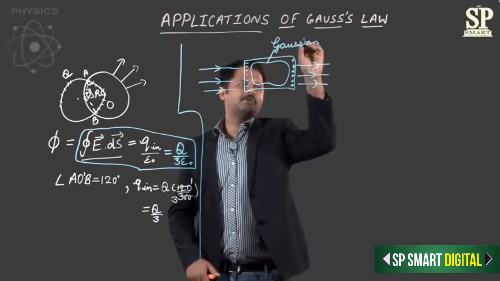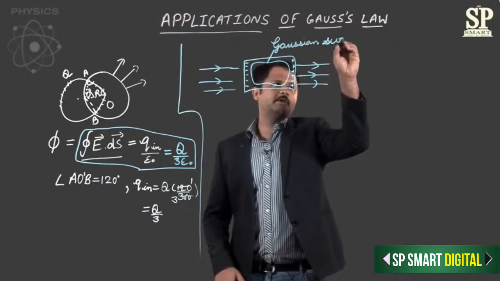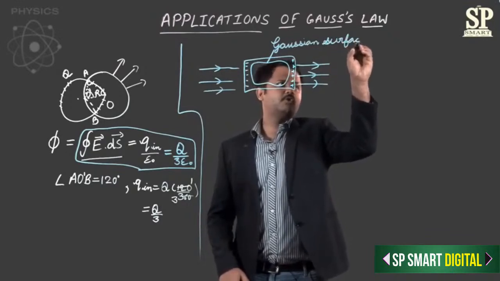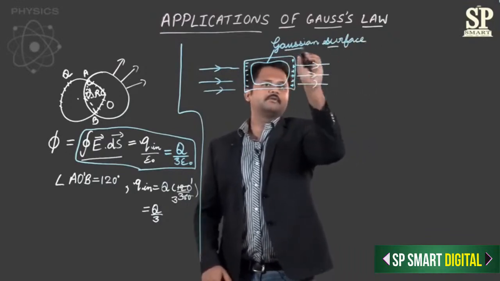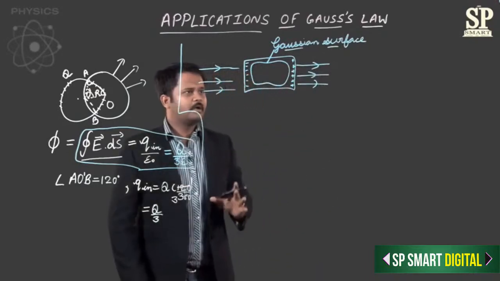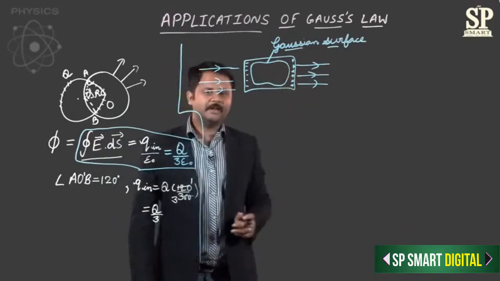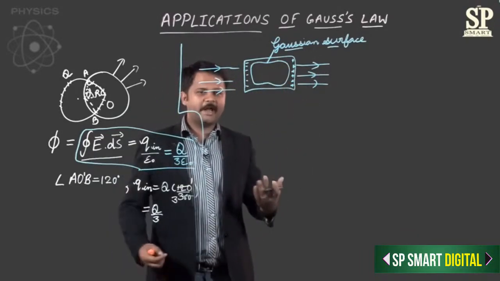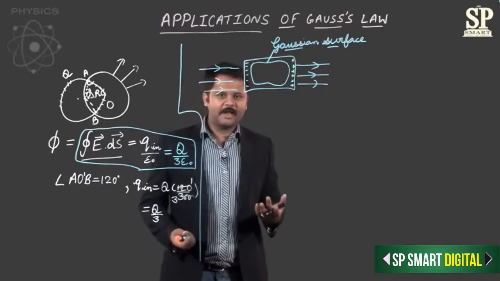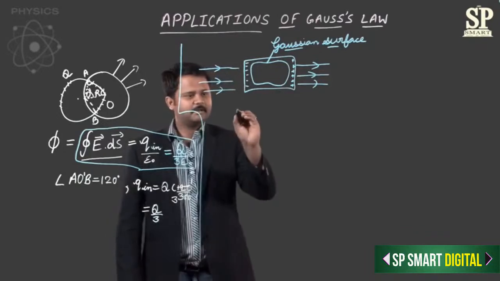So whenever we say Gaussian surface, we will know that we're talking about applying the Gauss law in a particular situation to know more about it. So this is any enclosed surface inside the volume for now, and then we know that at any point the electric field in this surface is 0, because at any point inside this block the electric field has to be 0. Then what is the flux that is passing through this surface?